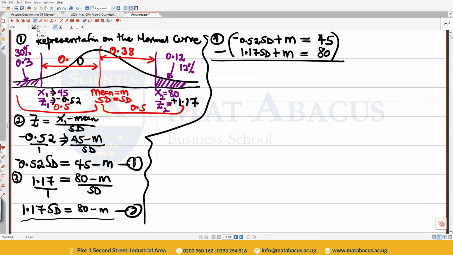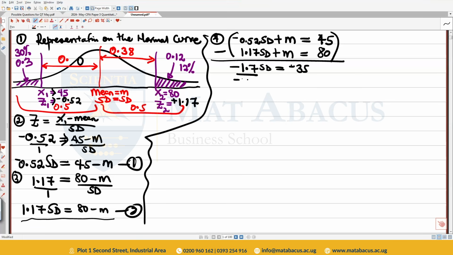So it becomes a bigger value, 0.52 plus 1.17, which is negative 1.7 standard deviation is equal to 45 minus 80. 45 minus 80 gives you negative 35.